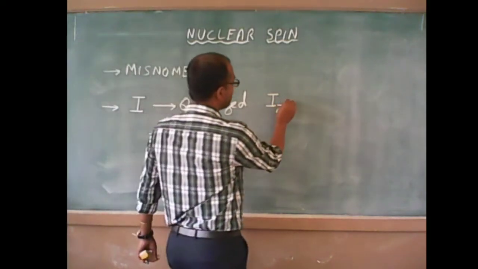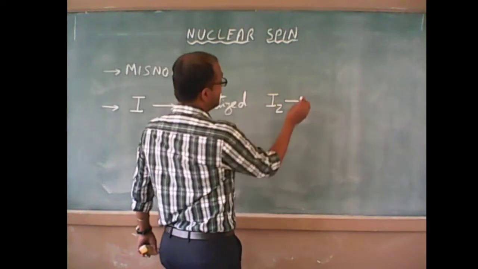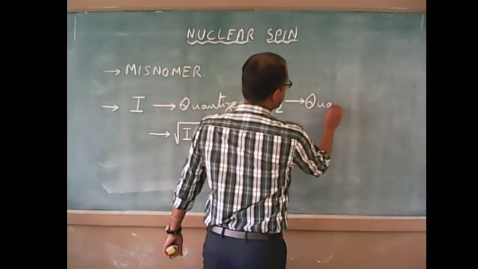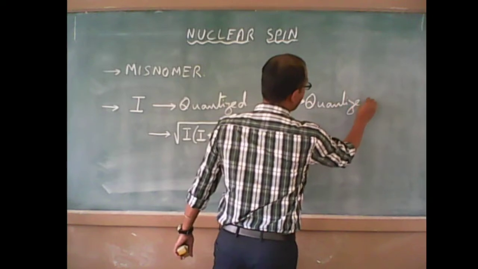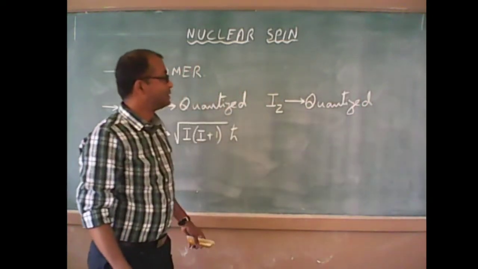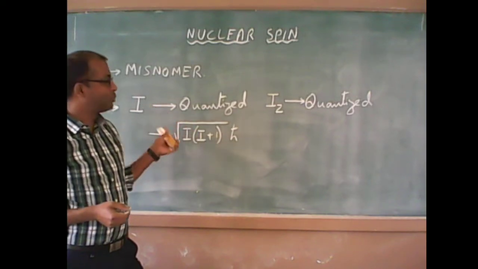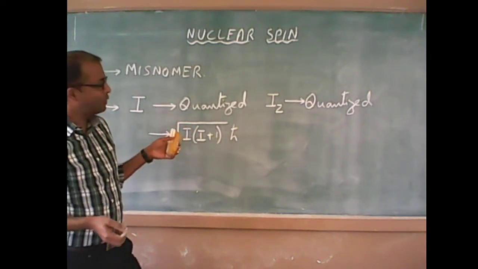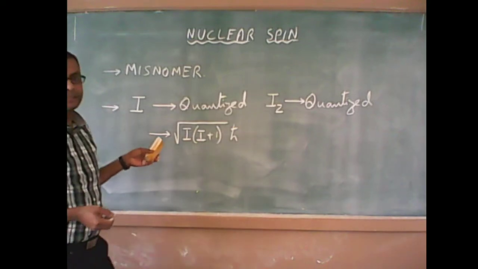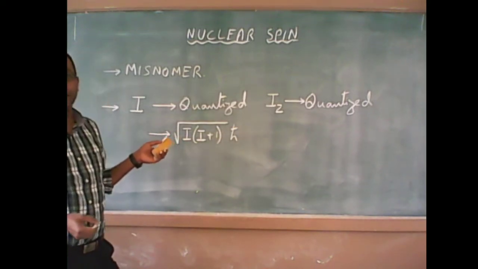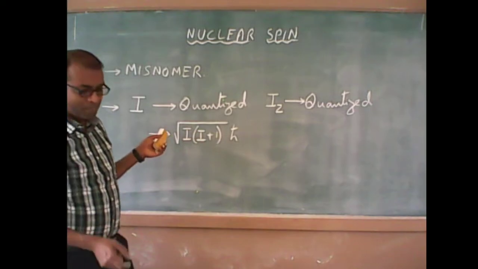The z component of this nucleus spin is quantized. Or in other words, the nucleus spin angular momentum vector can take only certain particular orientations with respect to an external magnetic field.